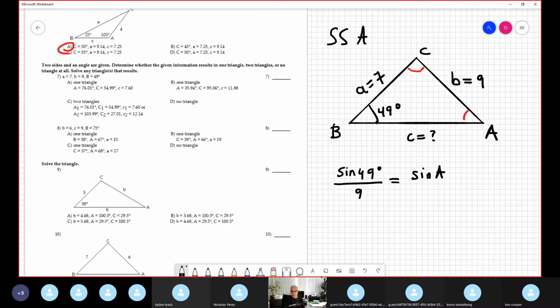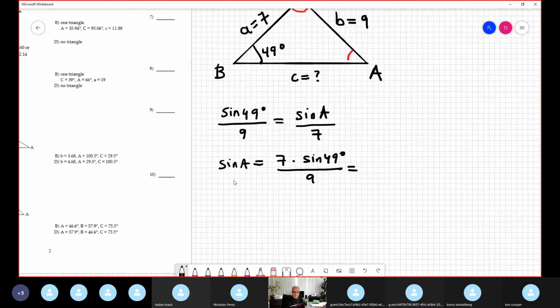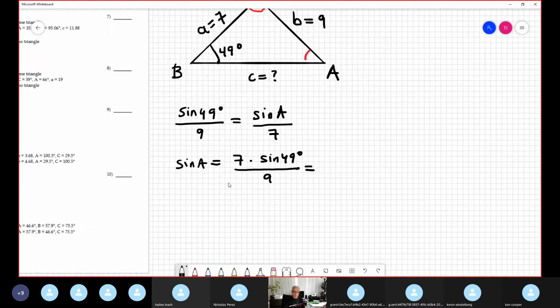The only unknown in this problem is sine of A. So sine of A is equal to 7 times sine of 49 divided by 9. I put it in my calculator, and the answer is 0.587. To find the angle A, you compute the sine inverse.